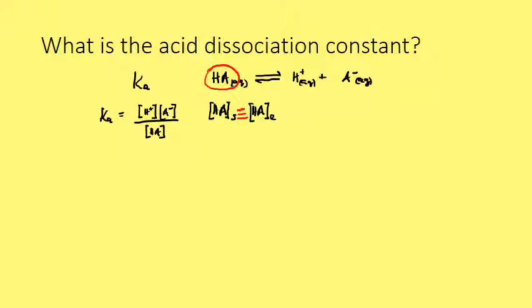So strictly, this expression should be the concentration of the acid at equilibrium, but because the concentrations are the same, you've got the hydrogen ion concentration at equilibrium, the conjugate base concentration at equilibrium, and the acid concentration at the start. So you can use the starting concentration in your expression for Ka, and that is the expression that you should remember.